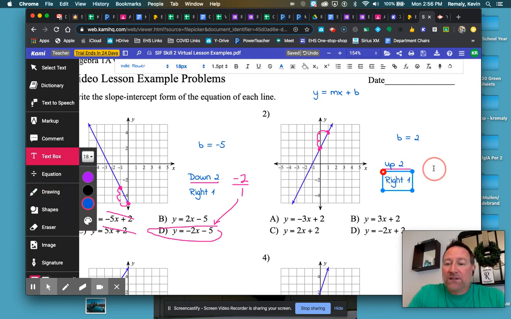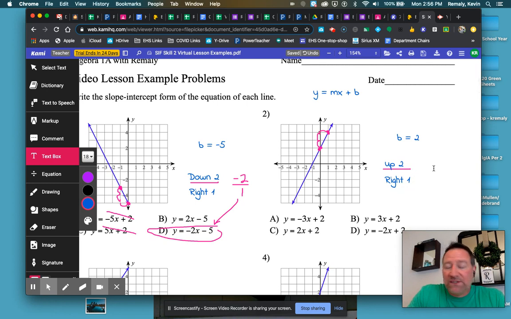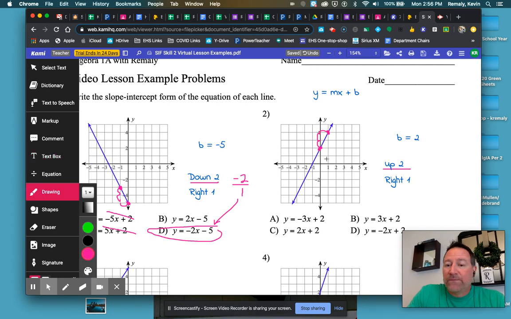All right, and so we just have to figure out the positives and negatives and everything like that. So going up 2 is positive. Going right 1 is positive. And so we should end up with an m equaling +2 over 1, or just +2.